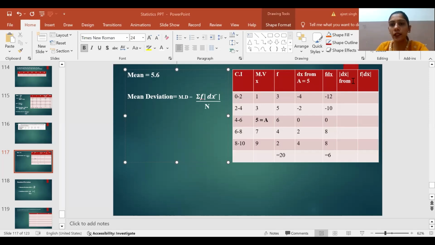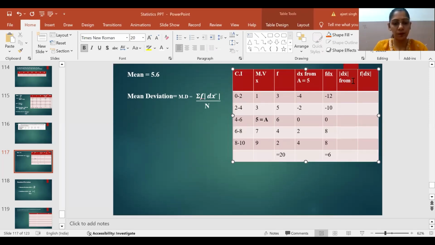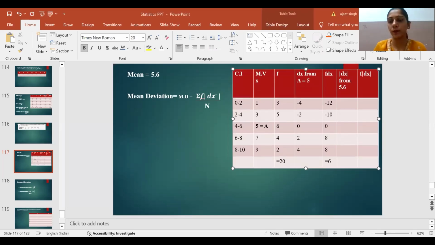We write dx bar from 5.6. While calculating dx bar, we will ignore the sign of plus and minus, as we did in previous questions. So let's calculate dx bar.